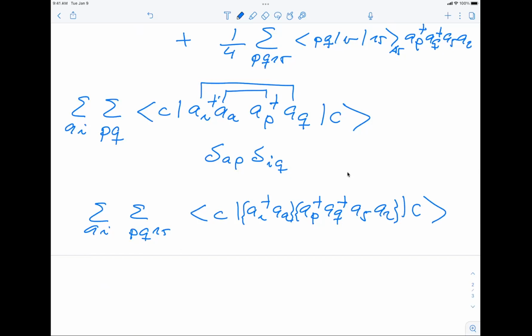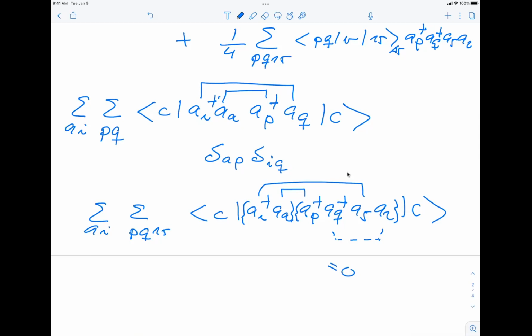And you see now that when we do some contractions here, we could have this one, and then we could have this, but then we have an uncontracted set of operators here, and that is equal to 0. And by looking at all the possible combinations, you will see that the second term actually gives us 0. So this term here ends up being 0.